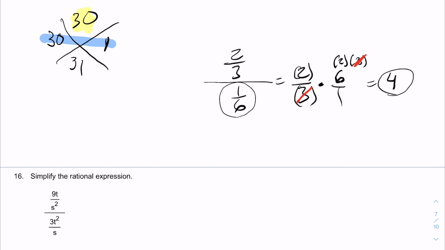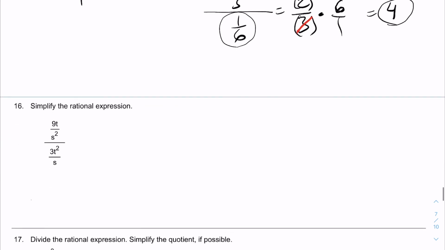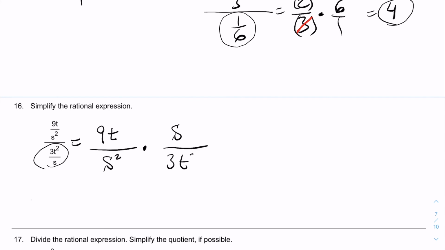Okay, so now remember, how do you actually simplify rational expressions? Same thing. We take 9t over s squared and multiply it by the reciprocal of the denominator. That would be s over 3t squared. I flipped it, reciprocal.